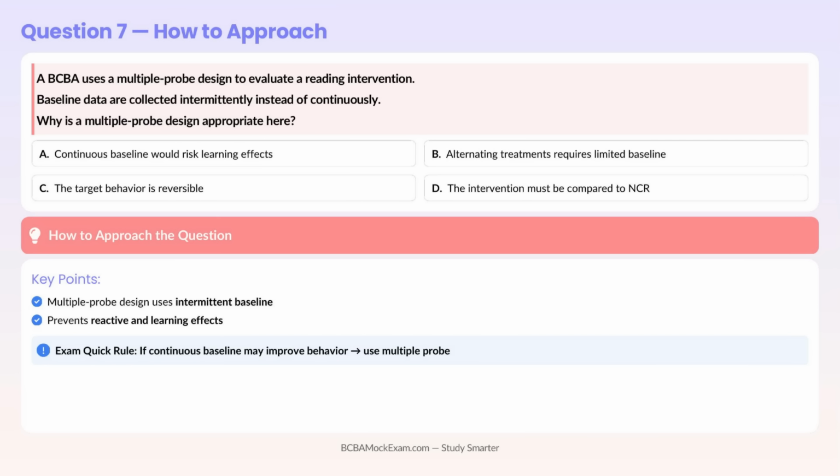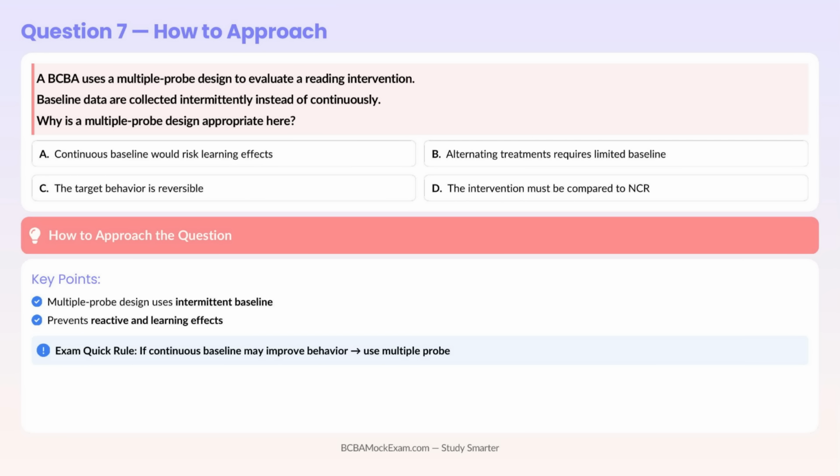To approach this question, focus on how multiple probe designs handle baseline measurement. In a multiple probe design, baseline is collected intermittently rather than continuously, which helps prevent the learner from improving just because of repeated testing. If baseline were taken every session for a skill like reading, the child might get better simply from the extra practice, which would blur the effect of the actual intervention.